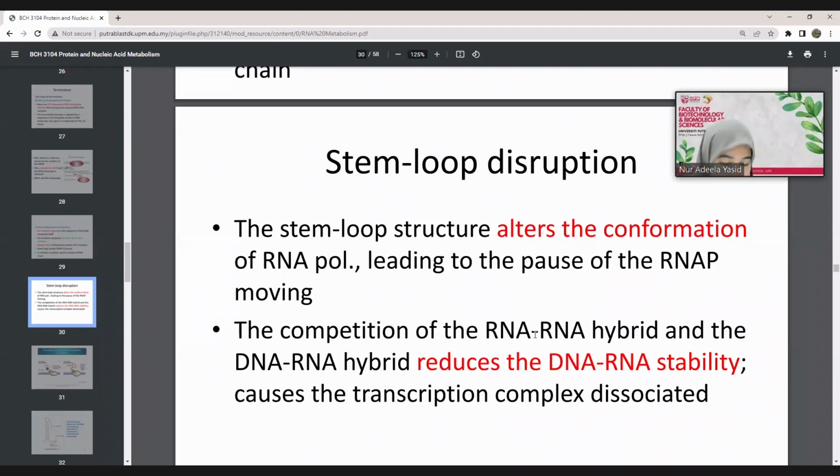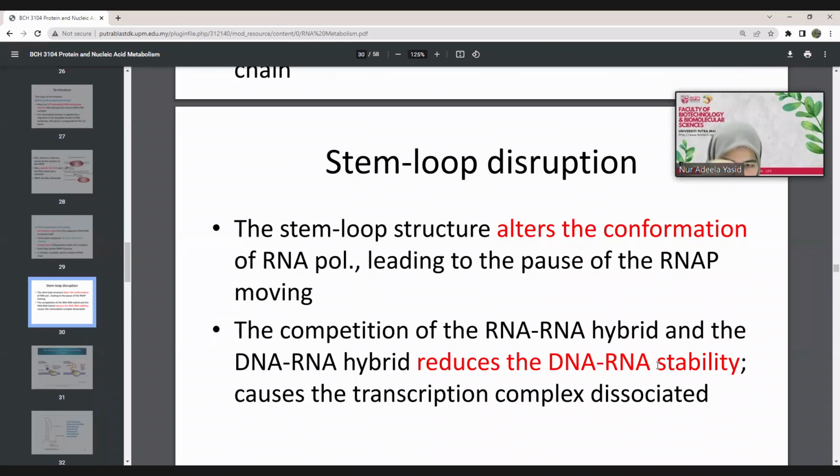We want to stop the transcription process. We want to stop the conversion of DNA to RNA. If there is no termination process here, the transcription of DNA to RNA is still an ongoing process. So that's why there is a competition between RNA and DNA RNA.